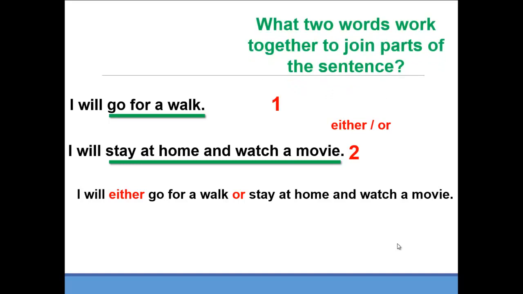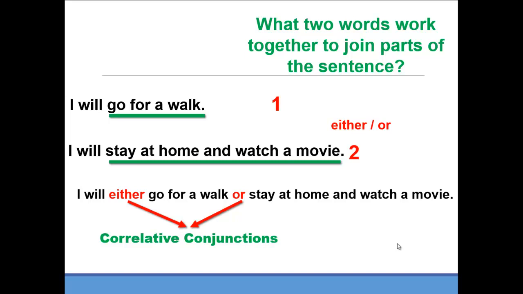What two words work together to join parts of that sentence? The words either or. So the words either or are correlative conjunctions because they work together, they come together to join the parts of the sentence. Great. What type of words do they join in this example? I will go for a walk.